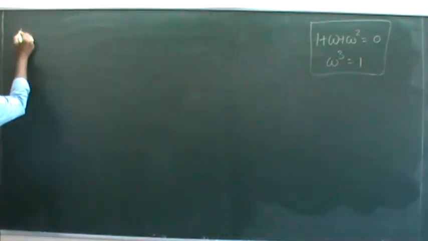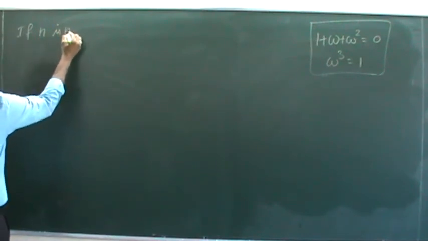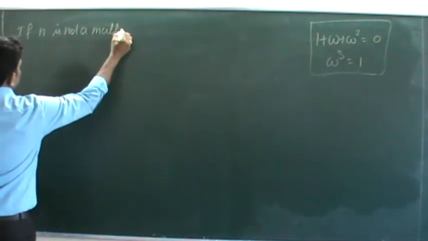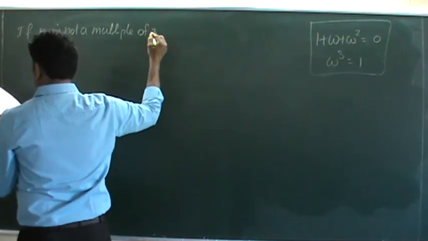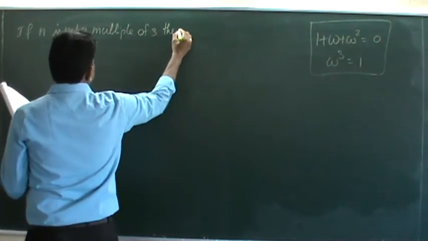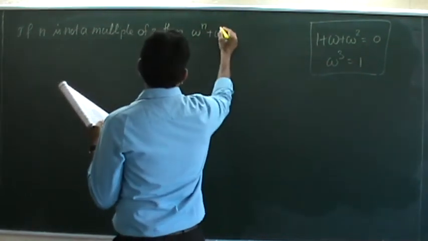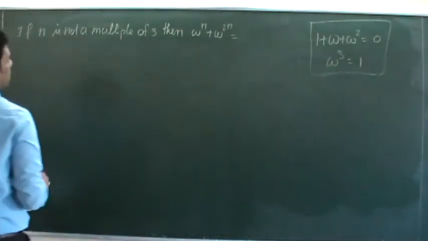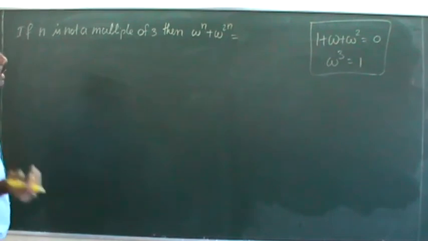Now the next question is, if n is not a multiple of 3, then the same question, omega power n plus omega power 2n equal to what? Children, if n is not a multiple of 3, it means not 3 or 6.